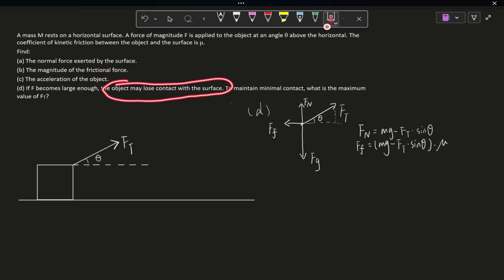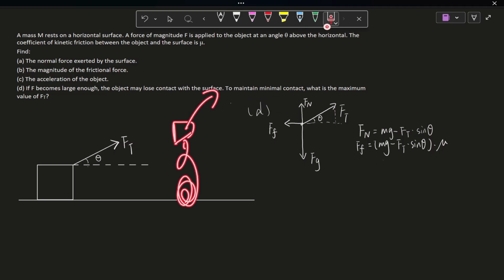So imagine if Ft is very big, it will literally be flying, right? So I can say that if Ft is large enough, Fn will no longer exist, because when the object is flying, is it contacting the surface? No. So Fn will be 0. To maintain minimal contact, what is the maximum value of Ft? So this is our thought process.